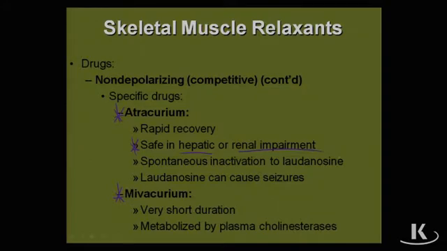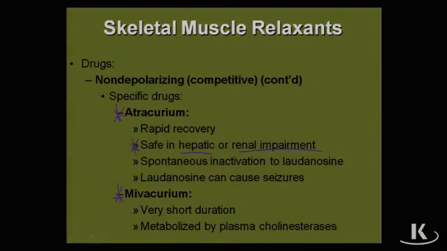See, when we think about it, our patients who arrive in the emergency room do not come with a tag telling us, oh, by the way, my liver is diseased or my kidney function is not very good. So when we can find a drug that is safe because it is neither metabolized by a kidney nor a liver or excreted by such organs, then I'm most happy. This is the case for atracurium. That's the point to remember.